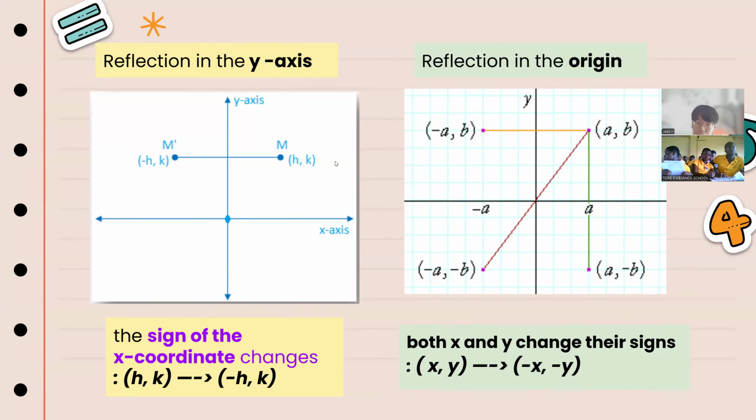You can have a reflection over the x-axis or over the y-axis, this vertical axis, or you can have a reflection over the origin, the center. This is a little bit more difficult. If you reflect over the y-axis, then you change the sign of the x-coordinate.